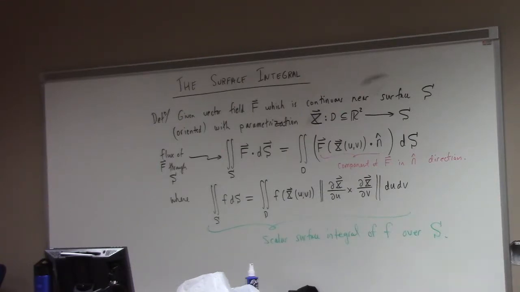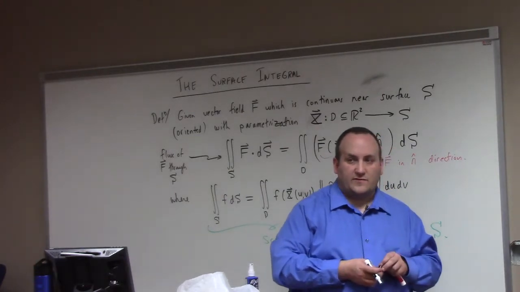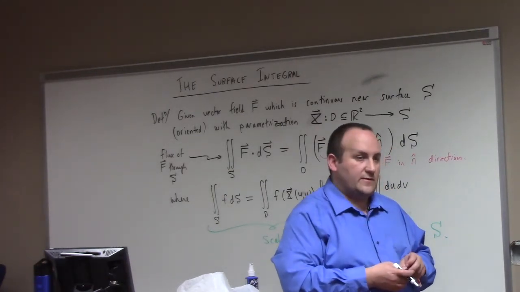Then over here, you've got x sub v and x sub u, where x sub v is partial x partial v and x sub u is partial x partial u. These are the coordinate velocities, the velocity vectors along the coordinate curves, the u or v coordinate curves, holding u or v fixed and letting the other one vary.